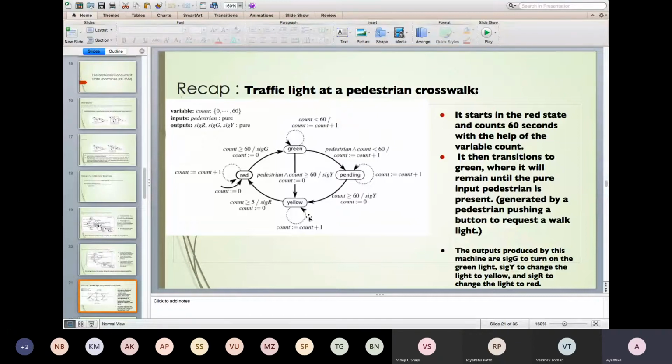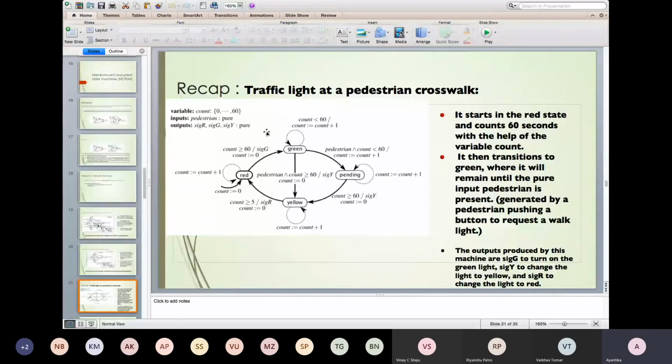For the other transitions, red to green or green to yellow, in my action part we set count equal to 0. But going from green to pending, we have just set count equal to count plus 1, and not count equal to 0, because in the pending state, wherever my count value was in the green state, from there I start my next level of count.